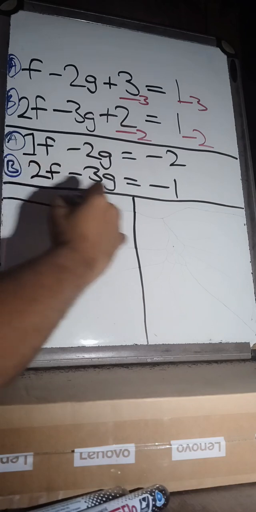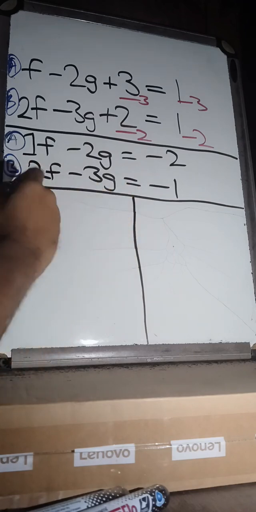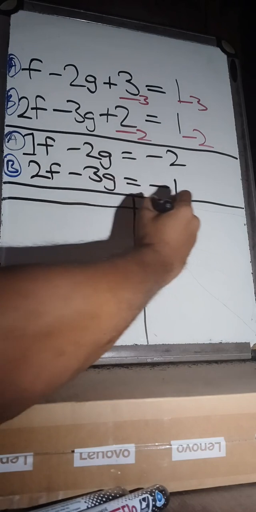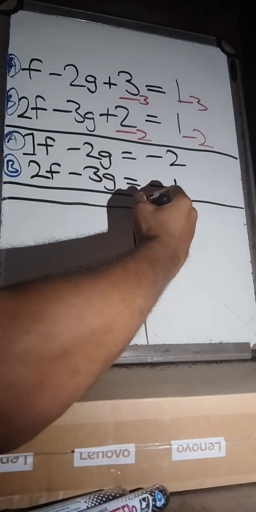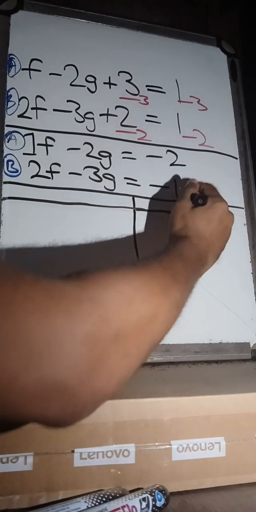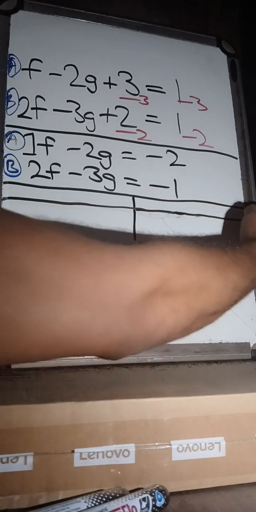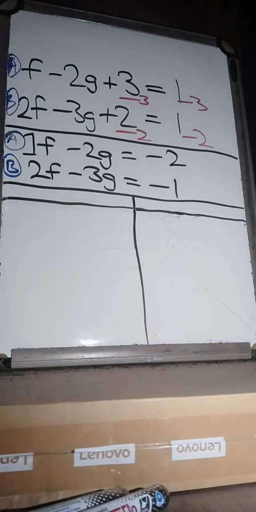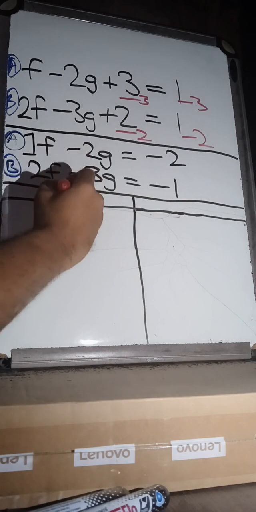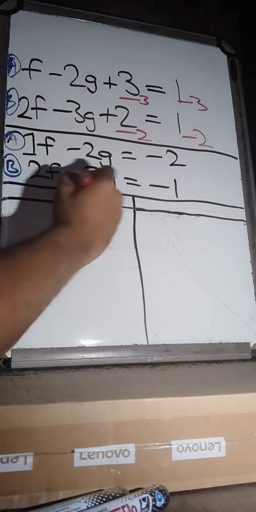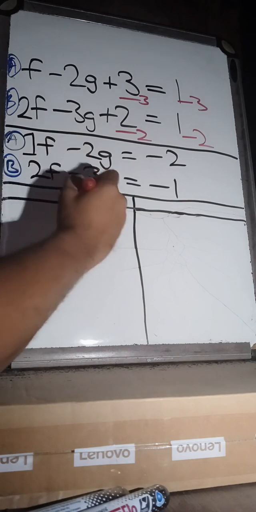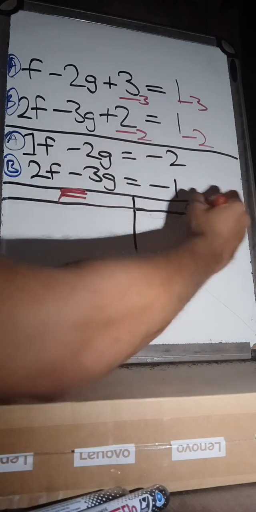Similar to how we have an x and a y, we're going to have an f and a g, right? So we have f over here, and we have g over there. Okay.